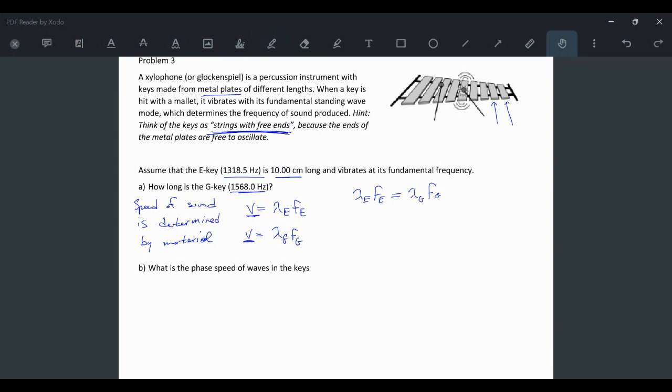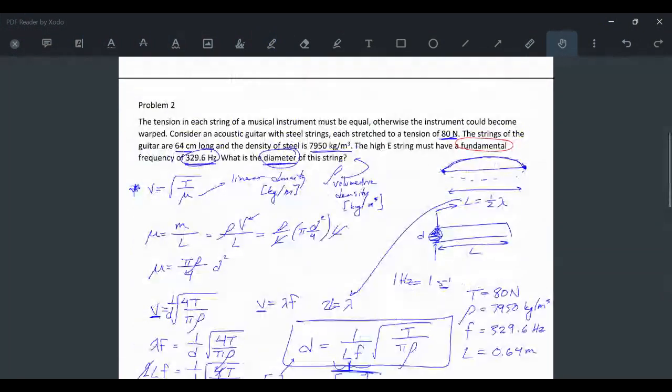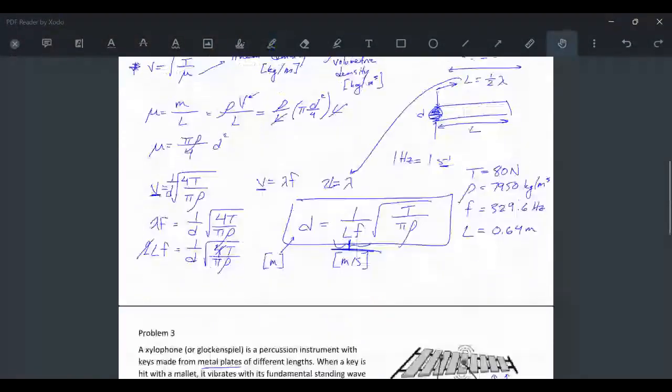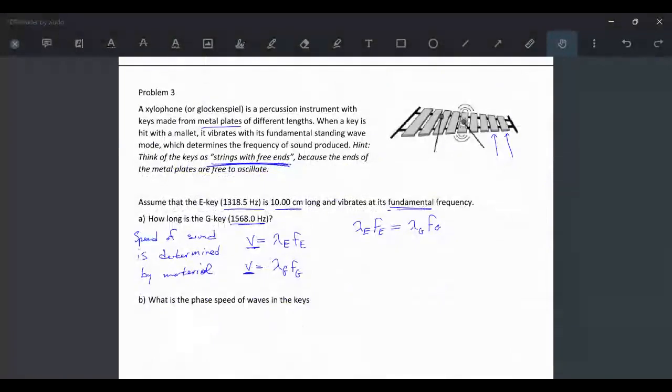So we're told that these are in their fundamental modes, but these are different than, remember on the last one, we had these fixed end conditions. We put two nodes and then have an envelope of a standing wave between them. Here we have the fundamental mode of a free end instrument.